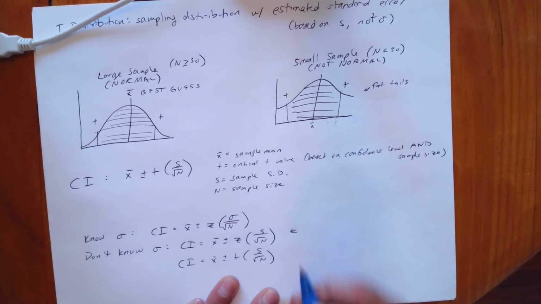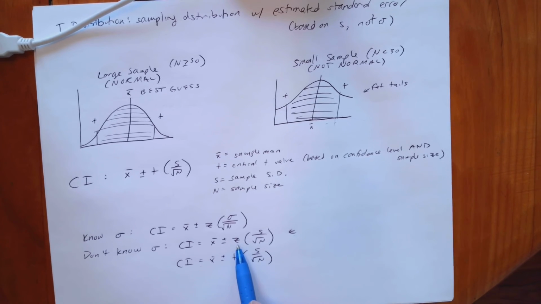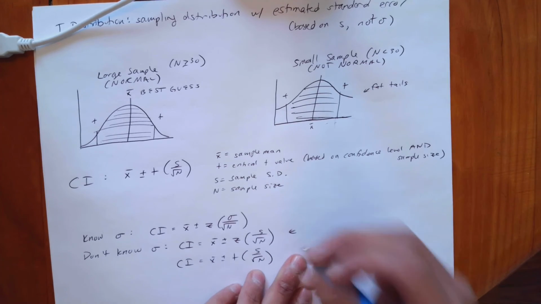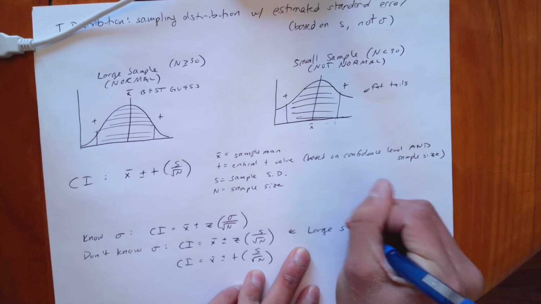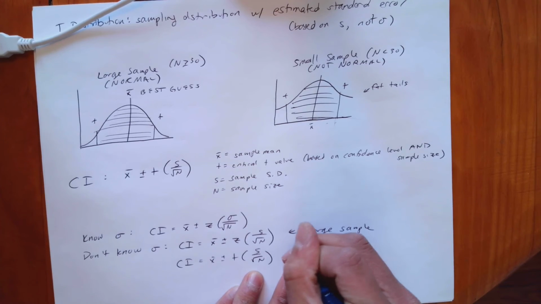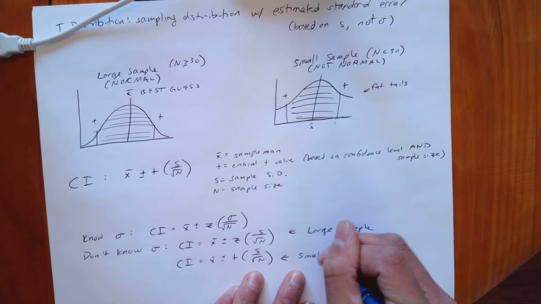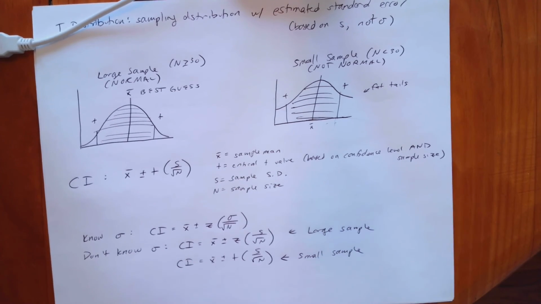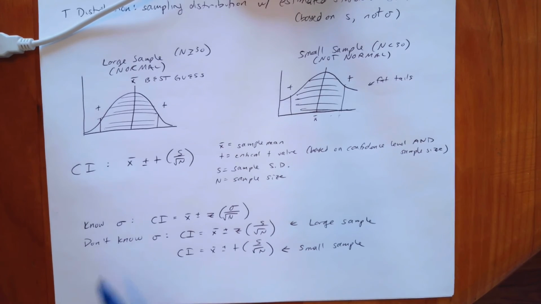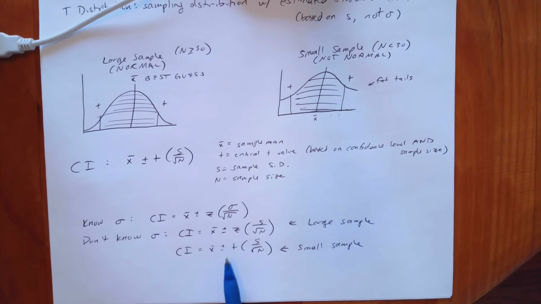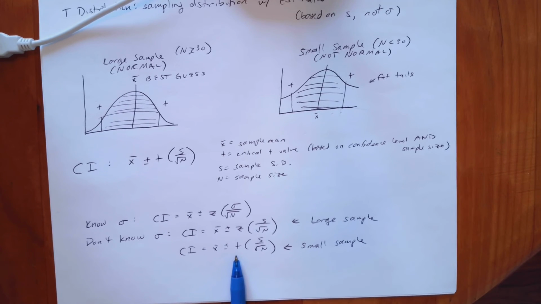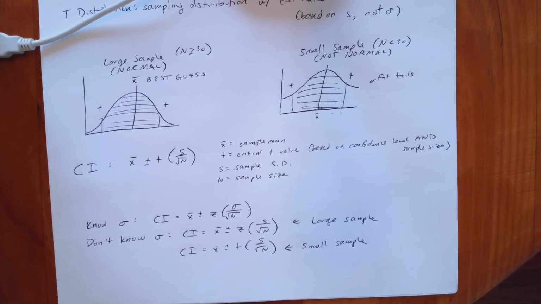With a large sample, you can use this one, which has a critical z-value, which is easy to look up because it's always the same for a particular level of confidence. And if you have a small sample, you would do this formula with a critical t-value, which is going to change more depending on what your sample size is. So depending on how small it is.